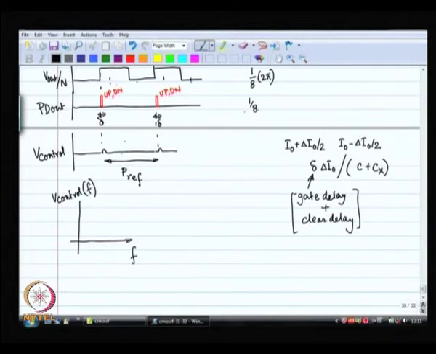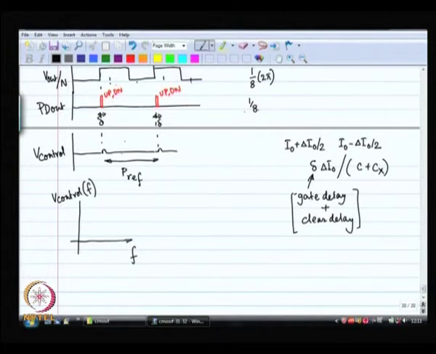That is what you wanted, a constant voltage over there. If you have a constant voltage as V control, then you are going to get a perfect frequency output of the VCO plus phase noise, but of course, let us ignore phase noise for now. Let us say that everything is noiseless, perfect. In which case, if V control is a constant voltage, then I will get a tone as far as the VCO is concerned. That is what I want.